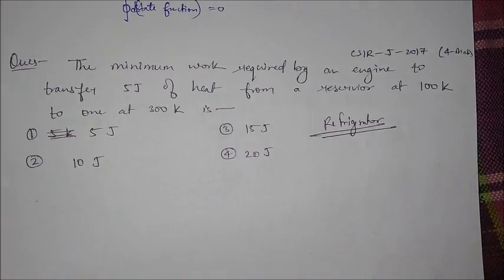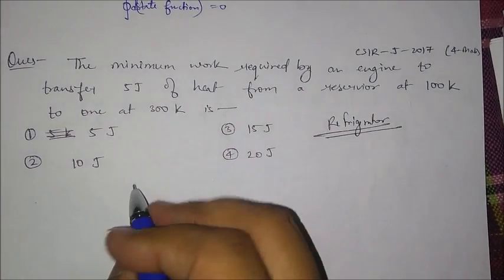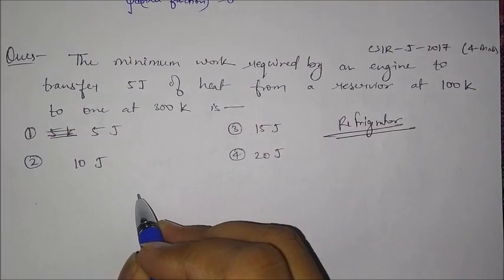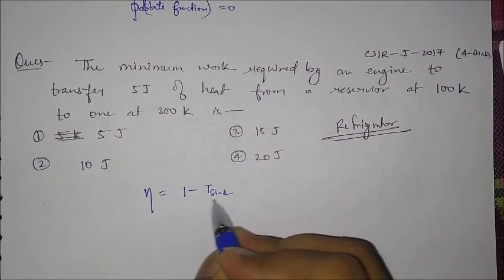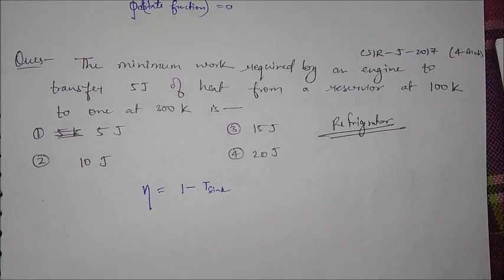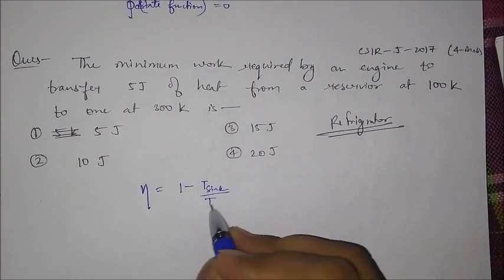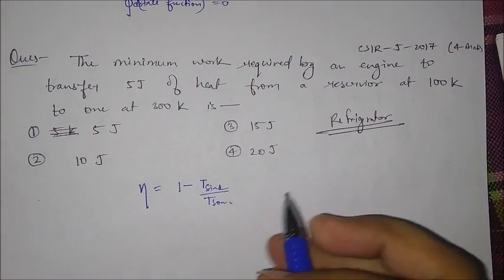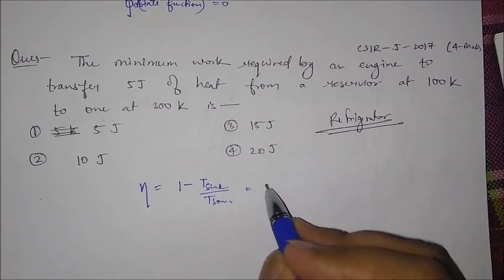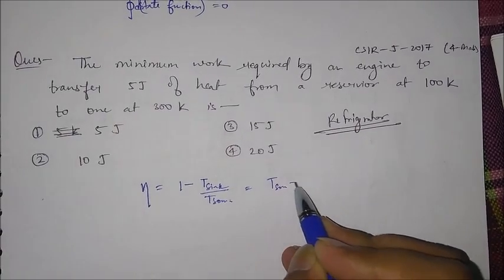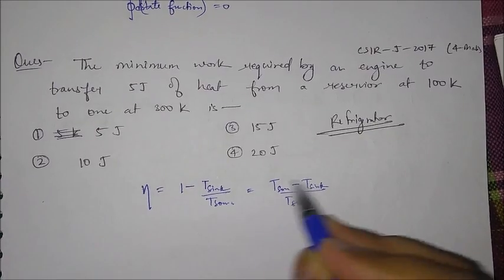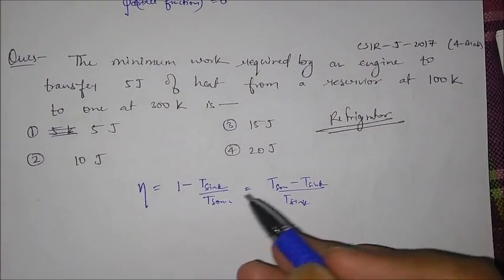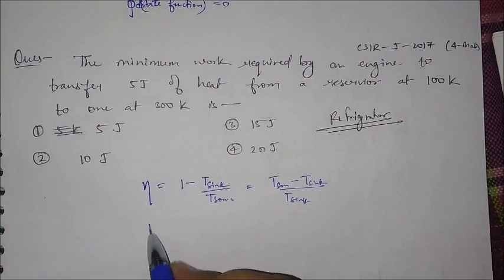For a usual Carnot engine, the formula was eta equals 1 minus T sink upon T source, that is, T source minus T sink upon T source. But this is a refrigerator, so it will change.